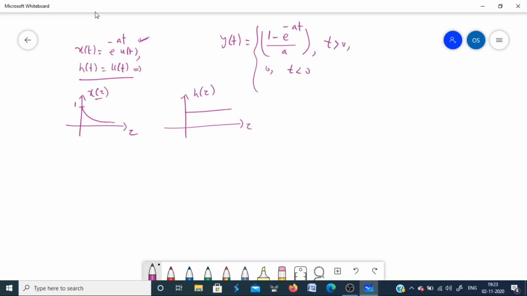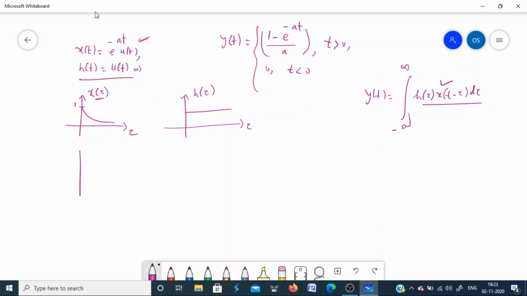Suppose I fold it, it means I'm using the second equation, y(t) is equal to the integration of h(tau) x(t minus tau) d tau, the commutative property. Now I am folding and shifting x, not h.